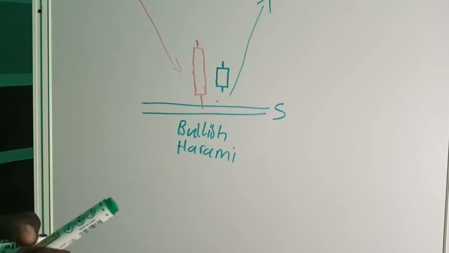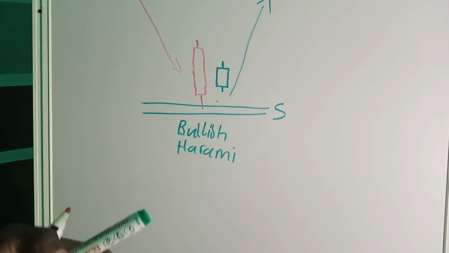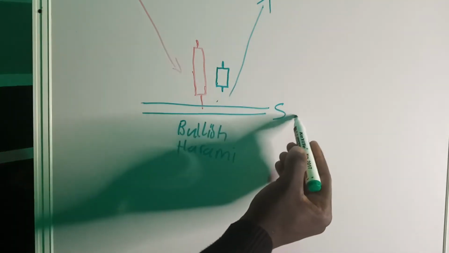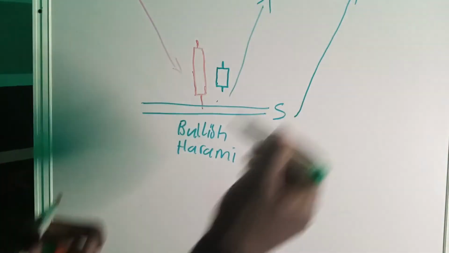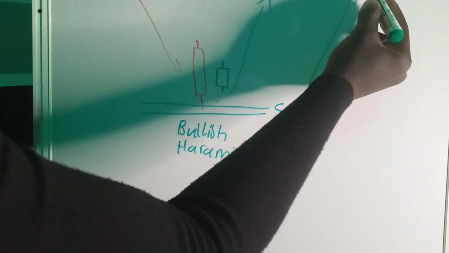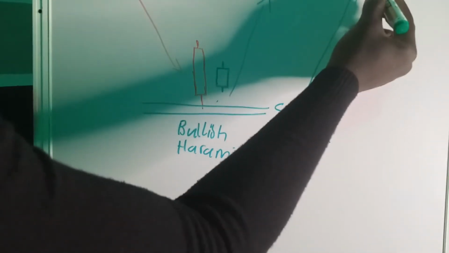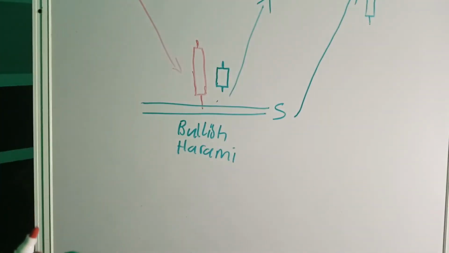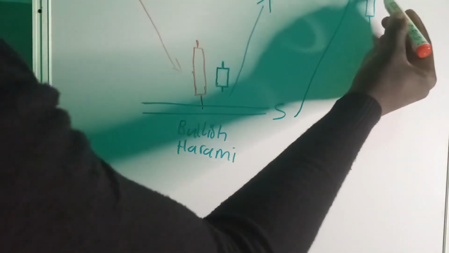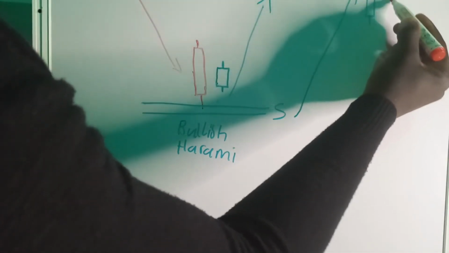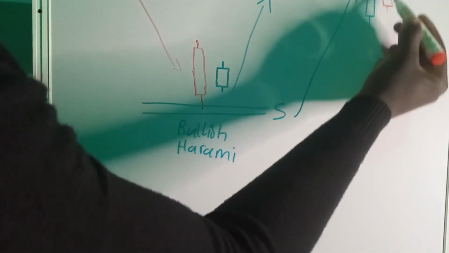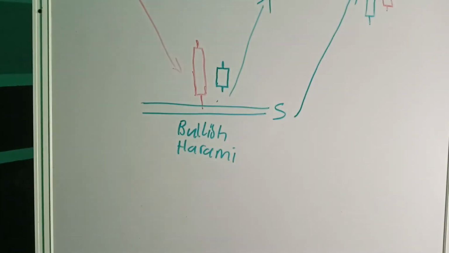Bearish harami is the opposite. After price has been going up, and then you have a bullish candlestick, and this is the wick, but then the next candlestick to form is a bearish candlestick, and it fits completely inside the body of the previous candlestick.